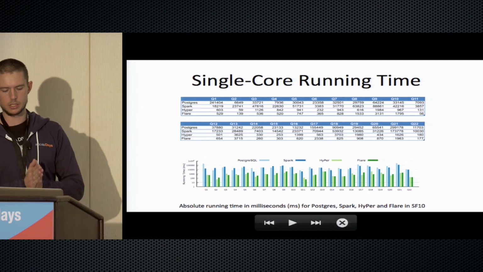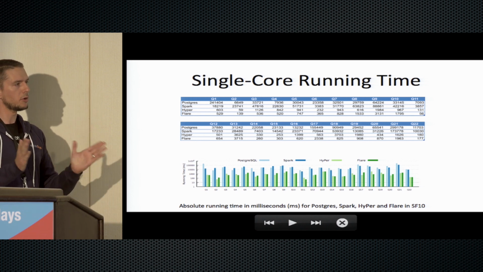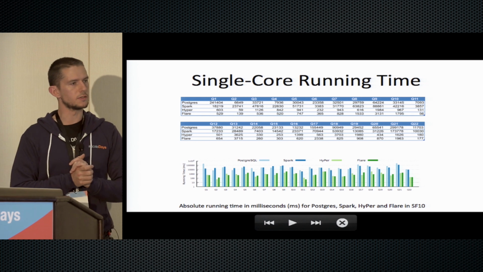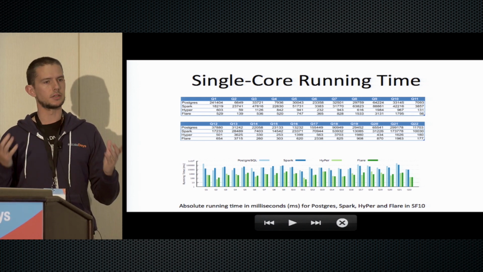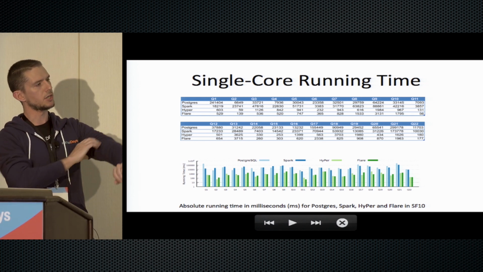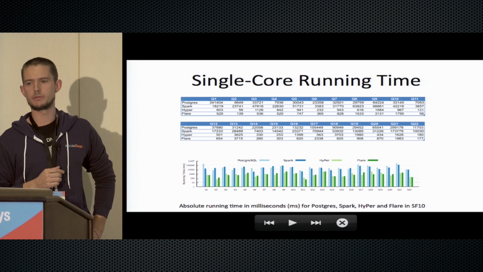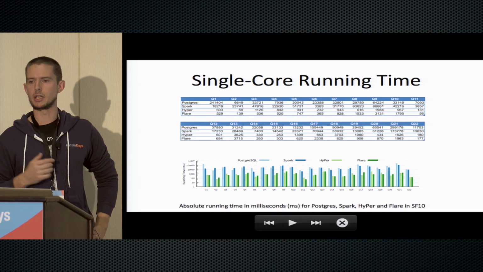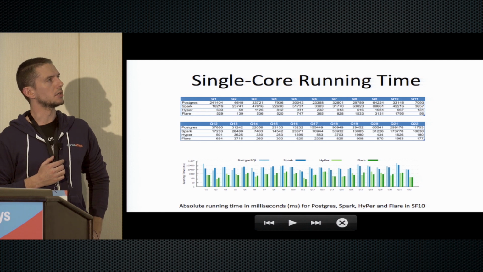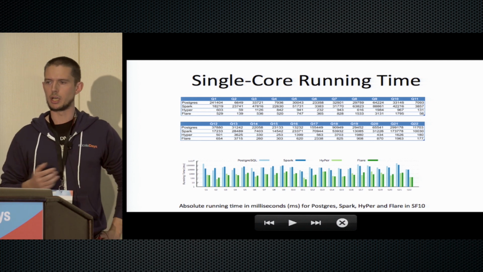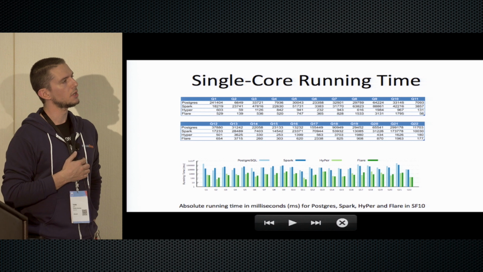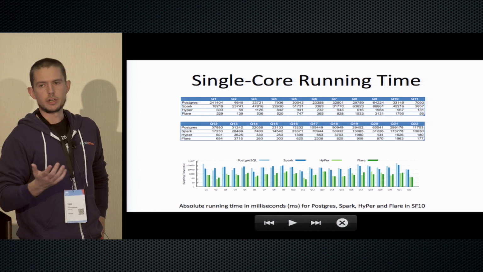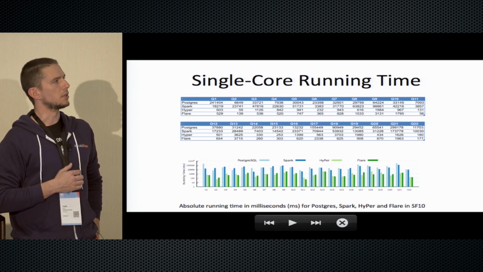Good. So now let's look at some more performance numbers. These are not just single queries and small data, but a larger data set. This is scale factor 10 for TPC-H, so that's a 10 gigabyte data set, and we're comparing running times for all the 22 queries for Postgres, Spark, Flare, and Hyper.